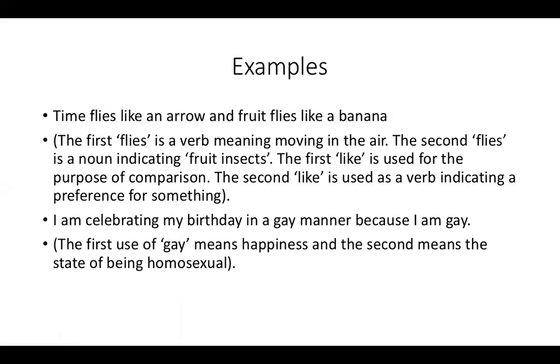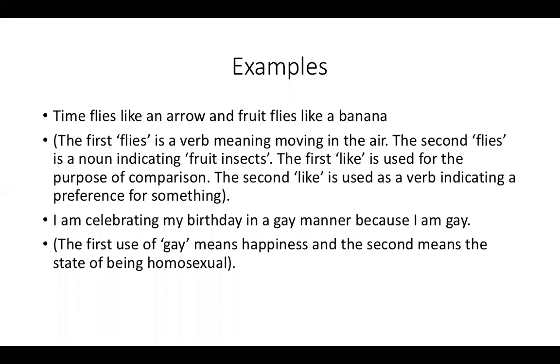So time flies like an arrow and fruit flies like a banana. The first flies is a verb meaning moving in the air. The second flies is a noun indicating fruit insects. The first like is used for the purpose of comparison.